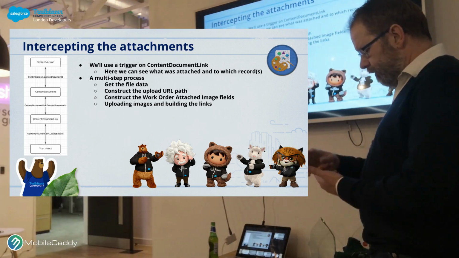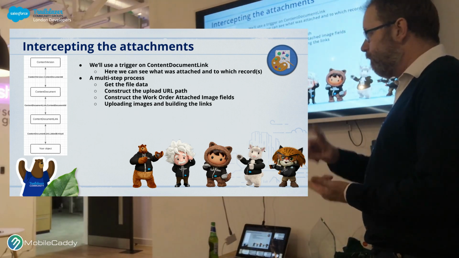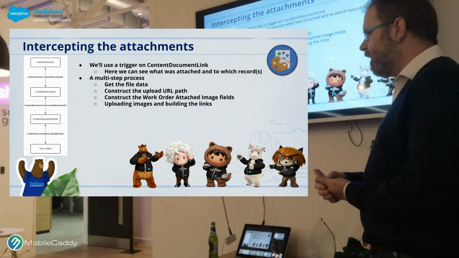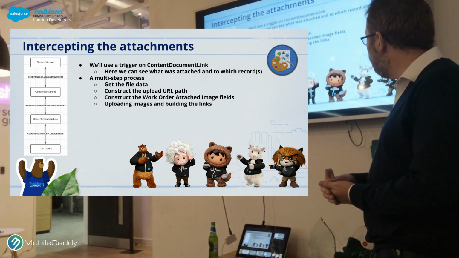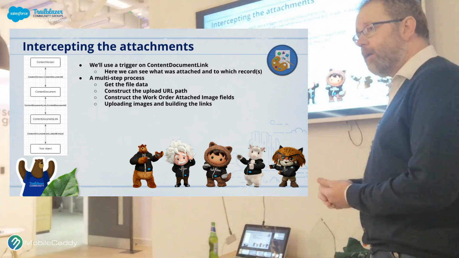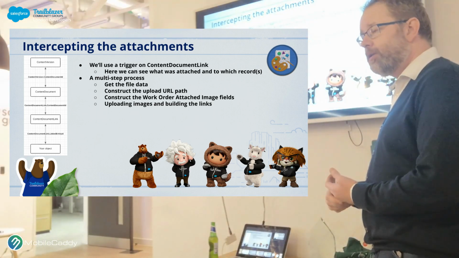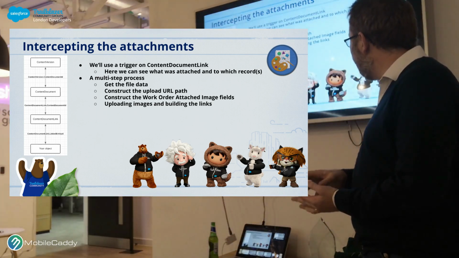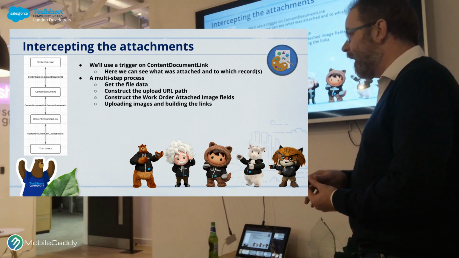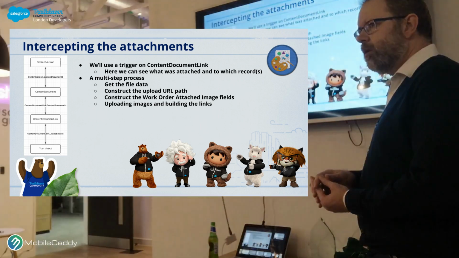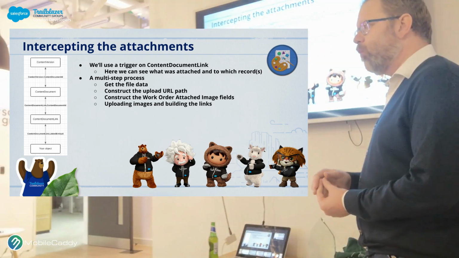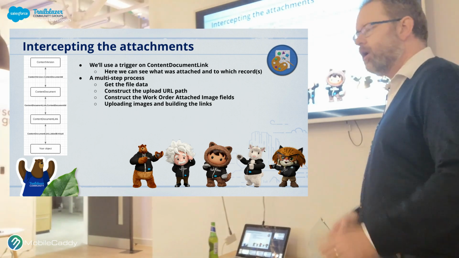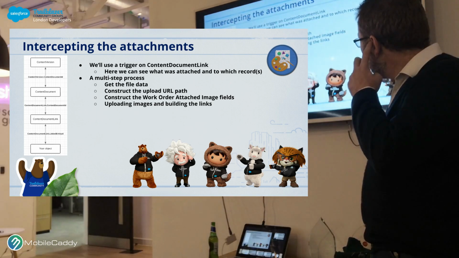So the process is we get the data, we build the path, we build the work order attached image record that has all the constituent parts, and then we build those links and upload the images. That's the process. We do it via a combination of platform events and batch jobs, for reasons that I have orgs that have way too much going on when something happens, and I have to split it out into lots of transactions.